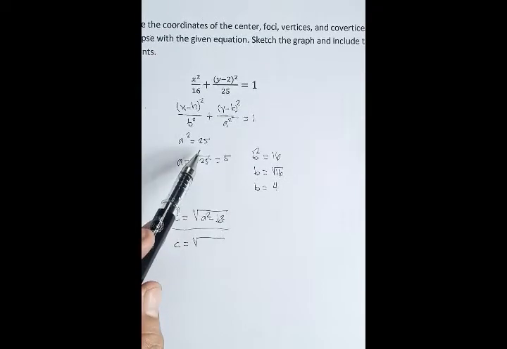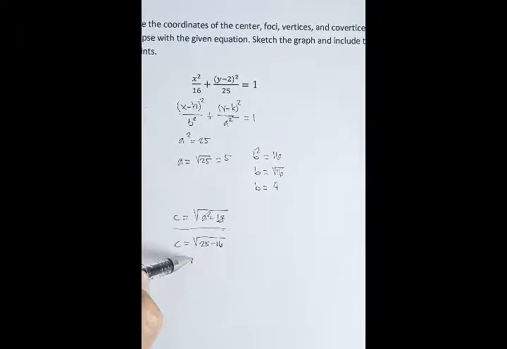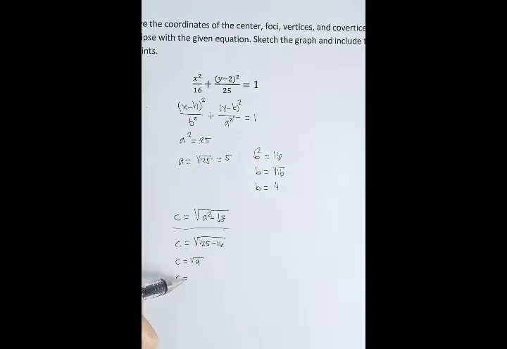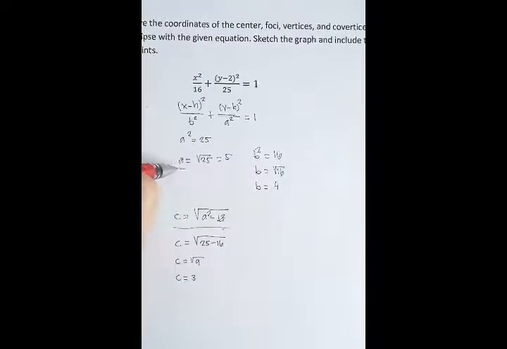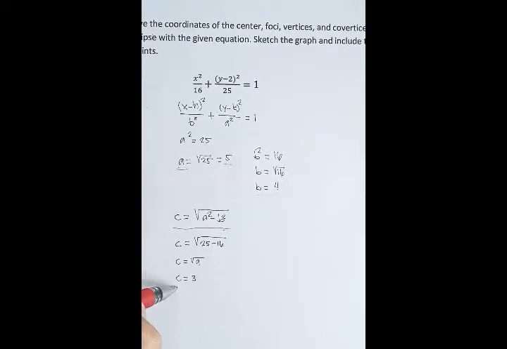So our a squared is equal to 25, the bigger value, minus b squared. Our b squared is 16. So c is equal to 25 minus 16, which is 9. So c is equal to 3. We will use the values of a, which is 5, b which is 4, and c which is 3 in plotting the ellipse.